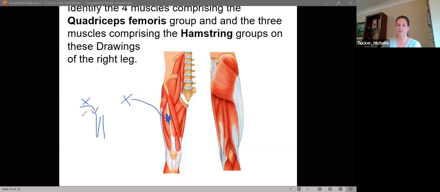We could also ask, what does this muscle do as a muscle action? And this one is flexion. Of course, these are extensors and these are flexors. So there's a lot of different questions that can be done just using the same model. So do get very comfortable with the muscles, the muscle actions, and then an antagonist to the specified muscles that are in the PowerPoint and also in your lab manual.